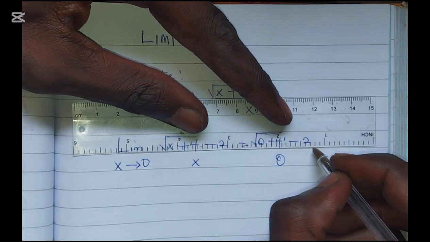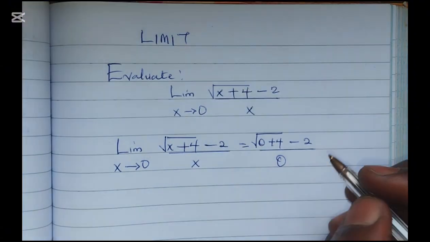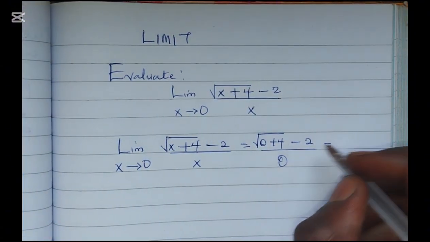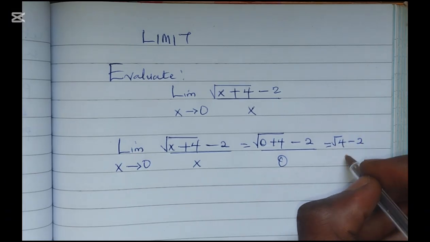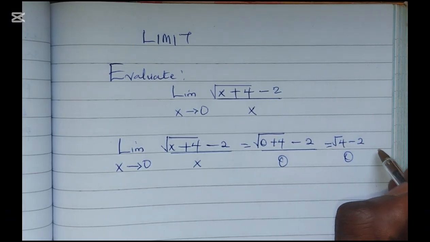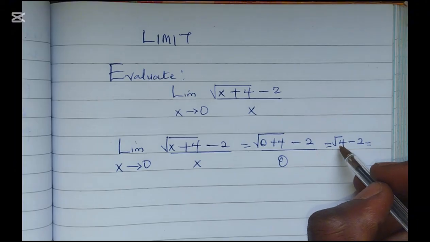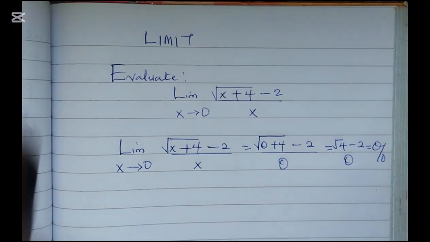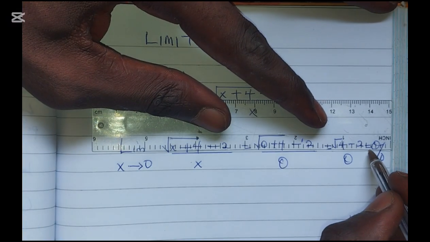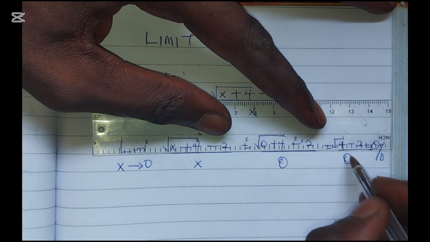So we have root of 4 minus 2 all over 0, and root of 4 is 2, 2 minus 2 is 0, all over 0. So here we got 0 over 0, which is the indeterminate form.